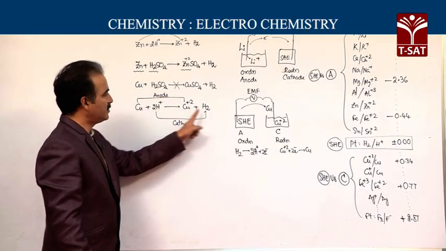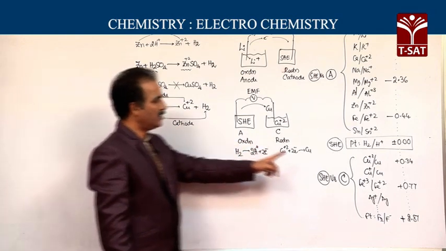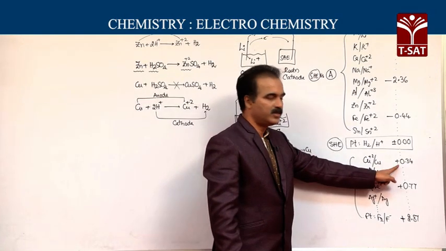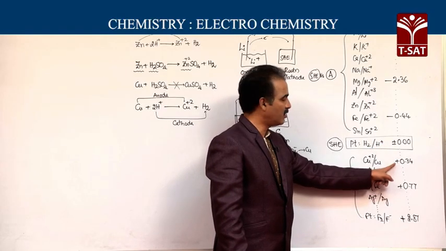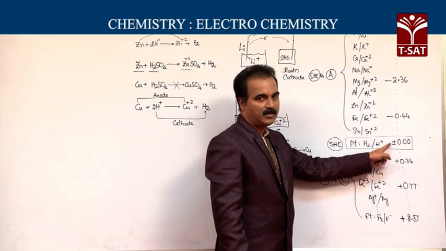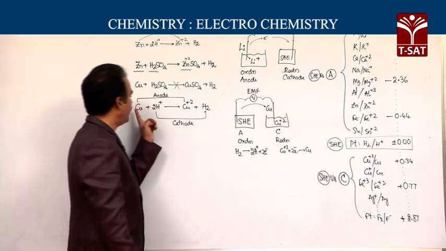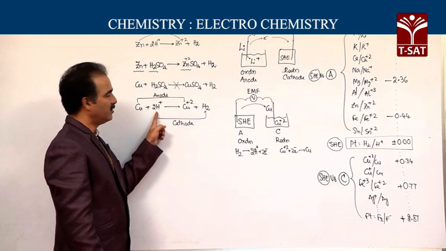But against the standard hydrogen electrode, copper cannot act as anode because the copper electrode potential, that is its reduction potential, is more than that of hydrogen. So, copper 2 plus undergoes reduction better than hydrogen. It has a higher reduction potential than hydrogen.